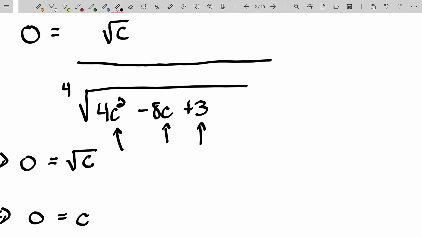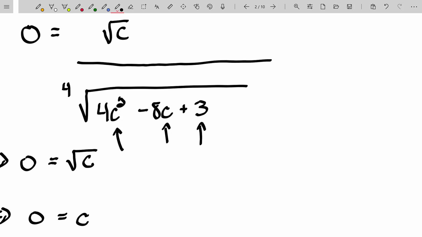That's critical that we talk about that because if that wasn't a plus 3, but instead a minus 3, there'd be an issue, right? If you tried to plug in 0, you'd have the fourth root of negative 3, and that is illegal. That's a fourth root of a negative number, or an even root of a negative number, which means there is going to be an imaginary answer.